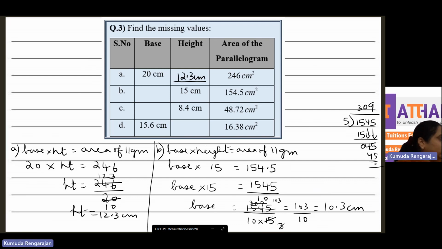Now, what's your question? You want to simplify 1545 and 15, right? Yeah, 15 ones are 15 and 15 103 times. Directly. We'll do it together.